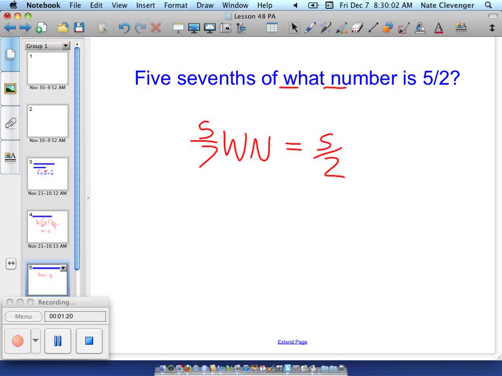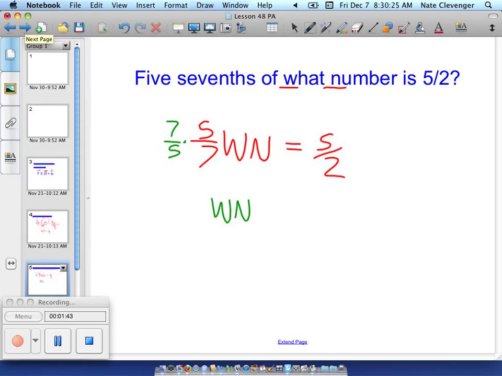Divide by 5/7, which is the same thing as multiplying by the reciprocal. So we want to multiply by the reciprocal of our coefficient, our number with the variable. So we're multiplying both sides by 7/5, because what's a number times its reciprocal going to equal? 1.